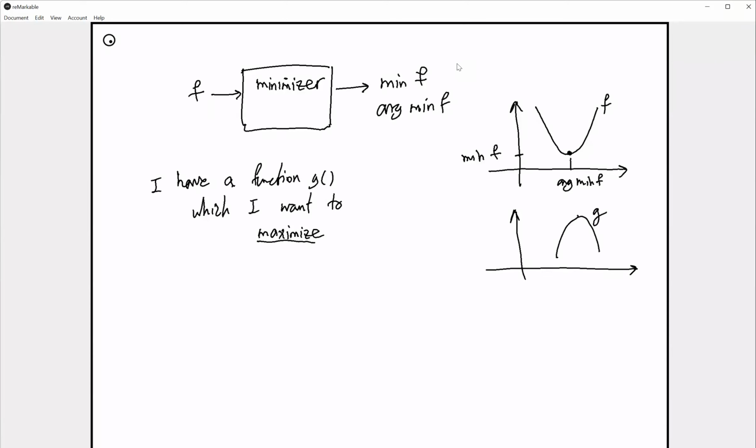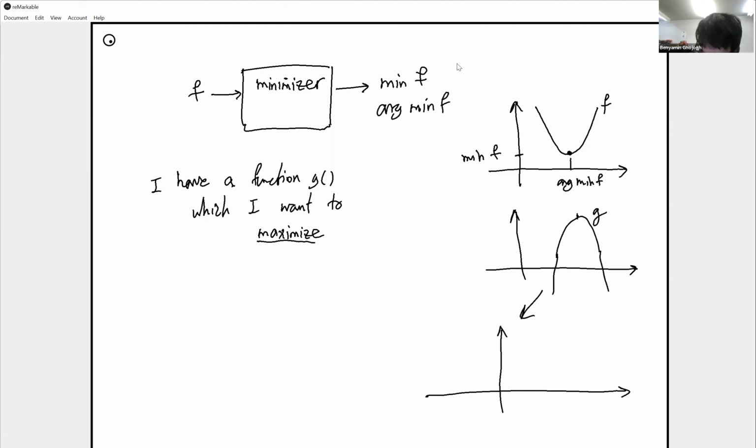If I give g to the minimizer, it gives me minus infinity because this goes to minus infinity. So it doesn't work. So I can flip g by multiplying it by -1. Then if I give minus g to this black box, it gives me the minimum here.